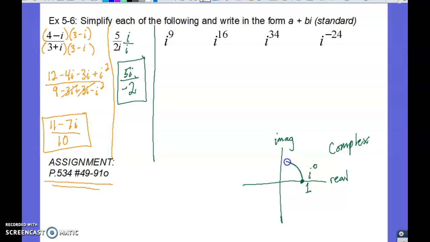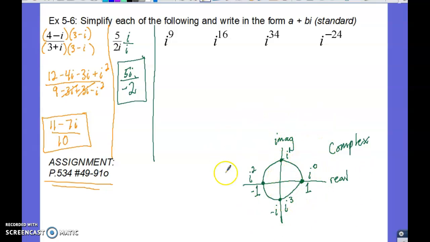If I do i to the first power, it's up on the imaginary axis, positive 1i. If I do i squared, that's over here, on the real axis at negative 1. And then i cubed is on the imaginary axis, which is negative i, because it's down 1 imaginary unit, and then i to the 4th.